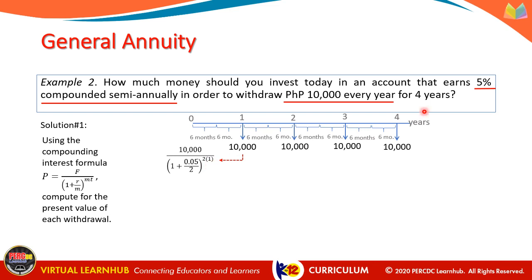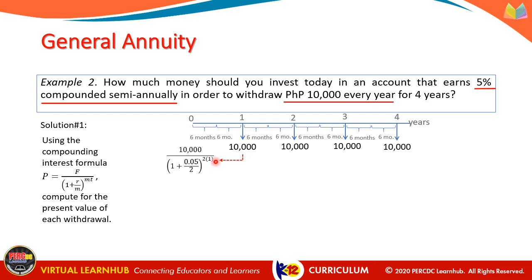We just substituted 0.05, that's 5%, for our nominal rate r. We substituted 2 for our frequency of conversion m. For compounded semi-annually, m is equal to 2. And we substituted t is equal to 1 because this is done at the end of first year.